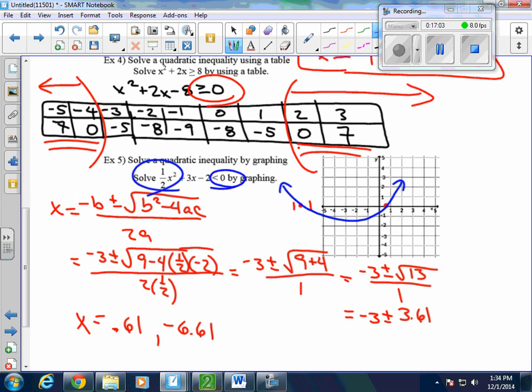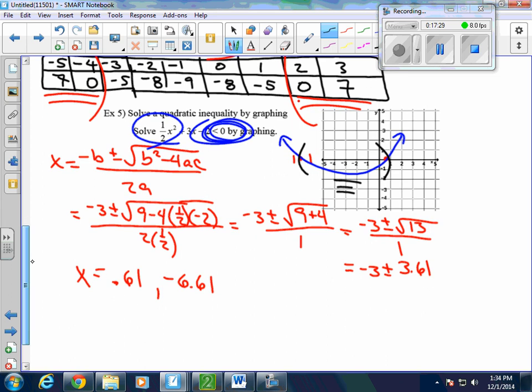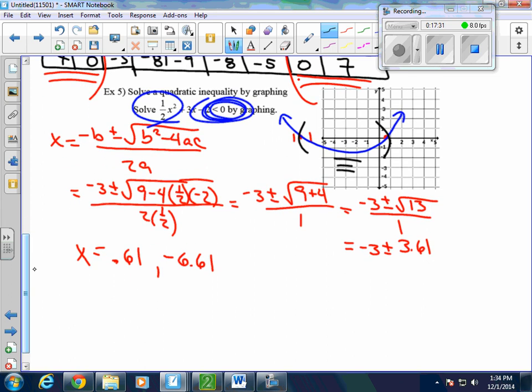Here it says it has to be less than 0. So where are my values of y less than 0? It is between here and here. My y values are down here in the negatives between those two x-intercepts. So we're going to write an inequality describing that.